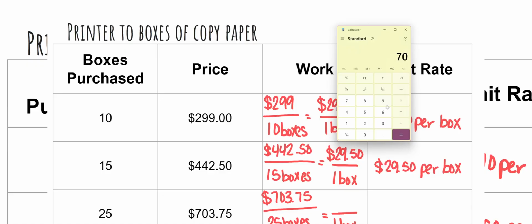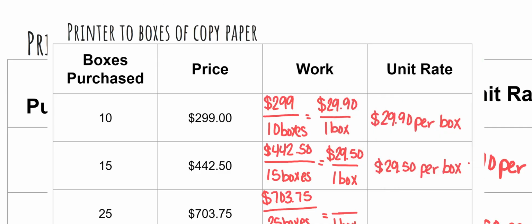We're going to say $703.75 divided by 25 because that's how many boxes we have. And we're getting $28.15. Even a little bit cheaper, huh? $28.15. And so our unit rate is $28.15 per box.